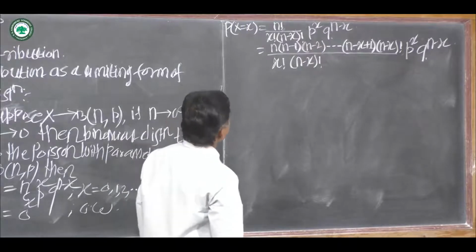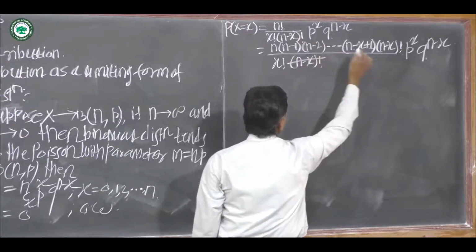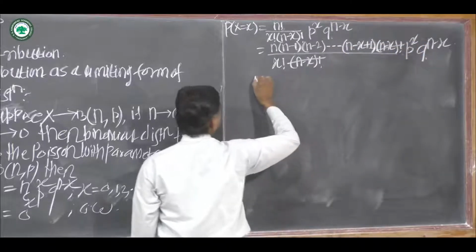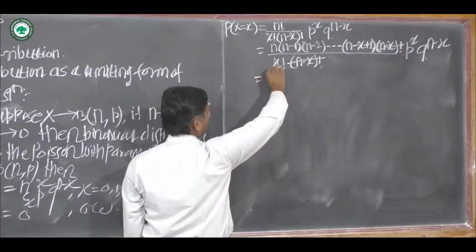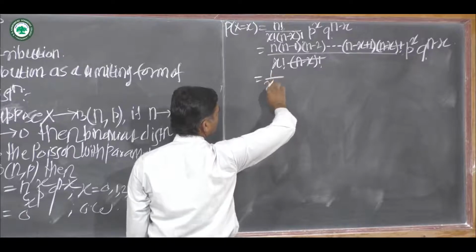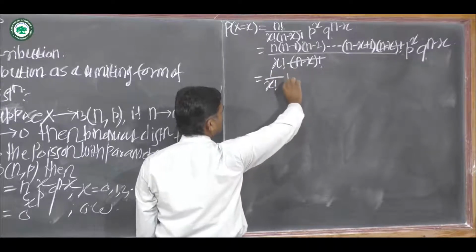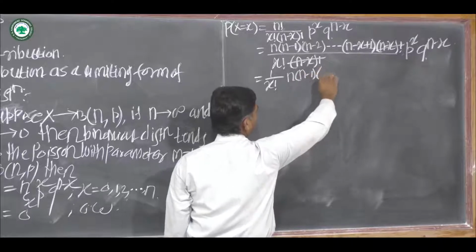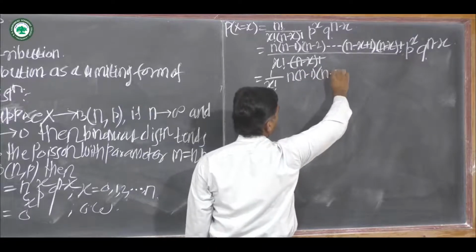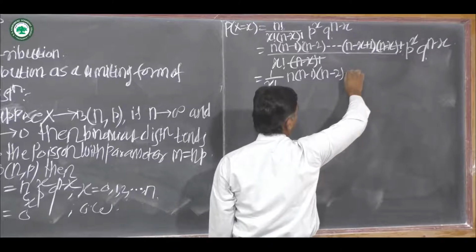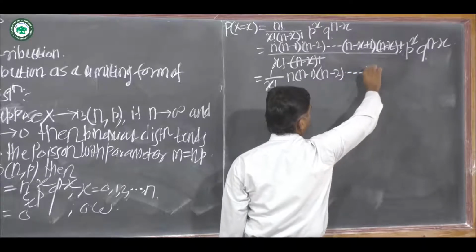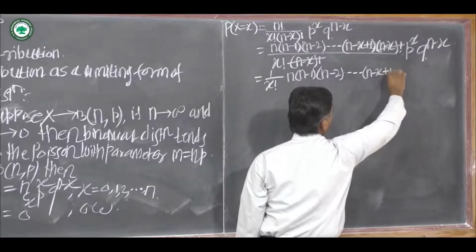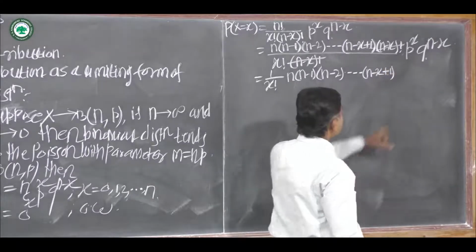Now this (n minus x) factorial cancels, which gives 1 upon x factorial into (n minus 1) into (n minus 2) into ... into (n minus x plus 1) into, now p is equal to what?